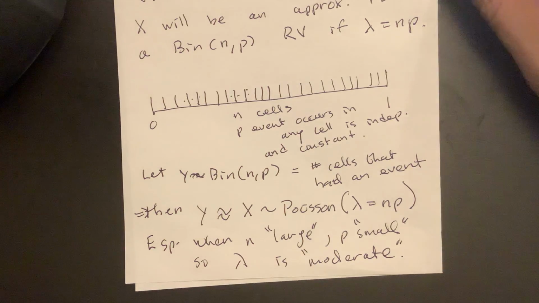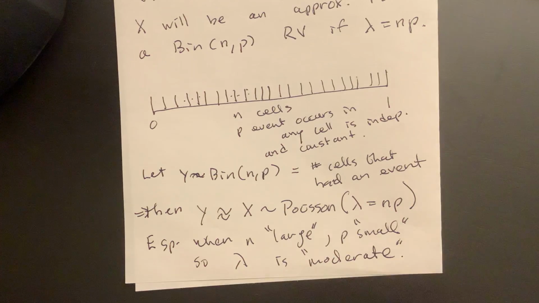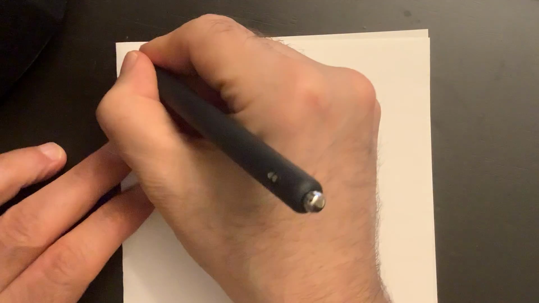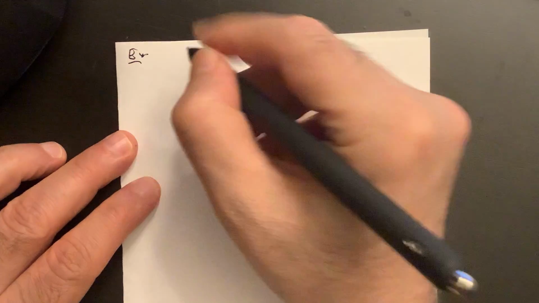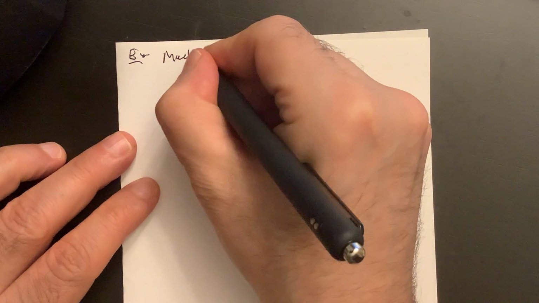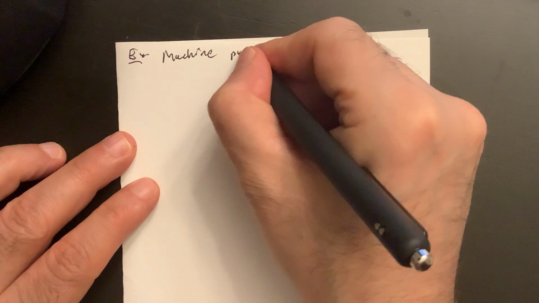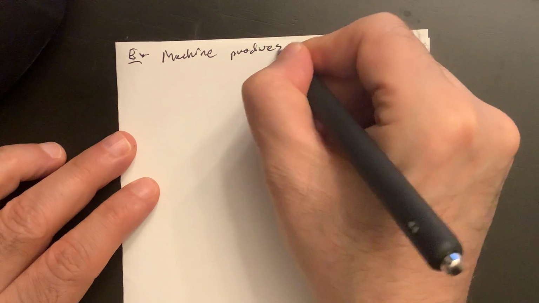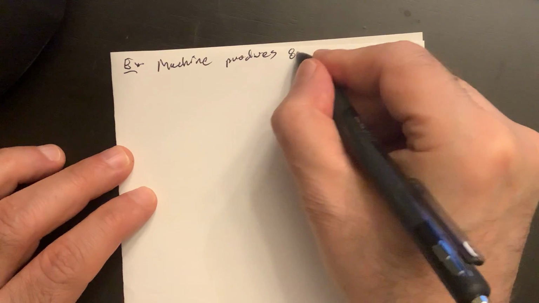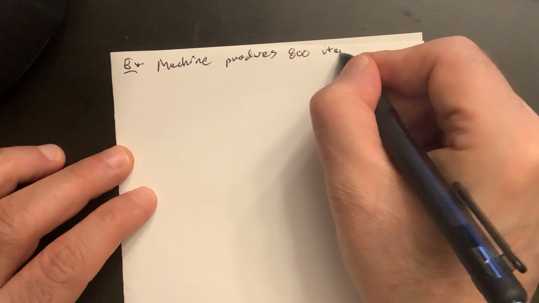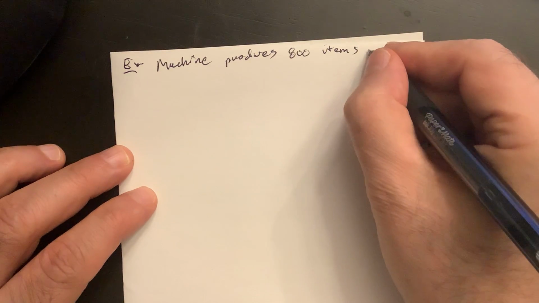Okay, let's actually look at a little example here and check the numbers, and then we will demonstrate why this works mathematically. So suppose, as an example, a machine produces 800 items per day.